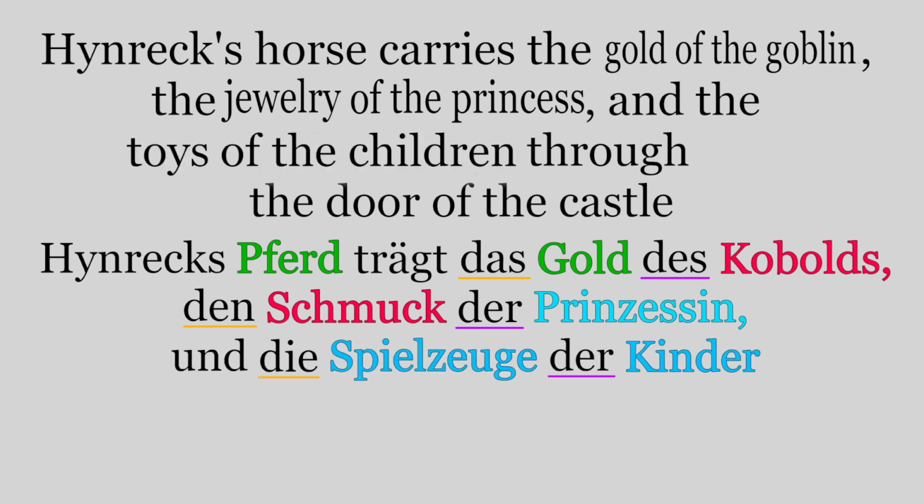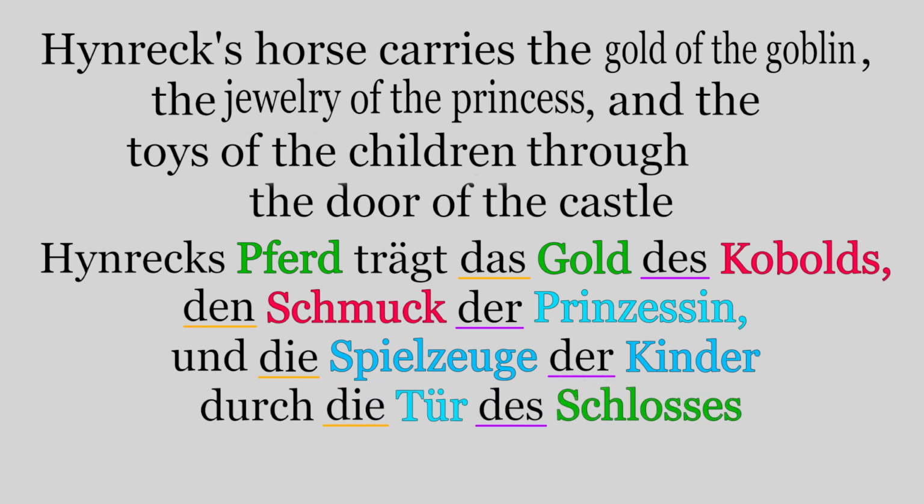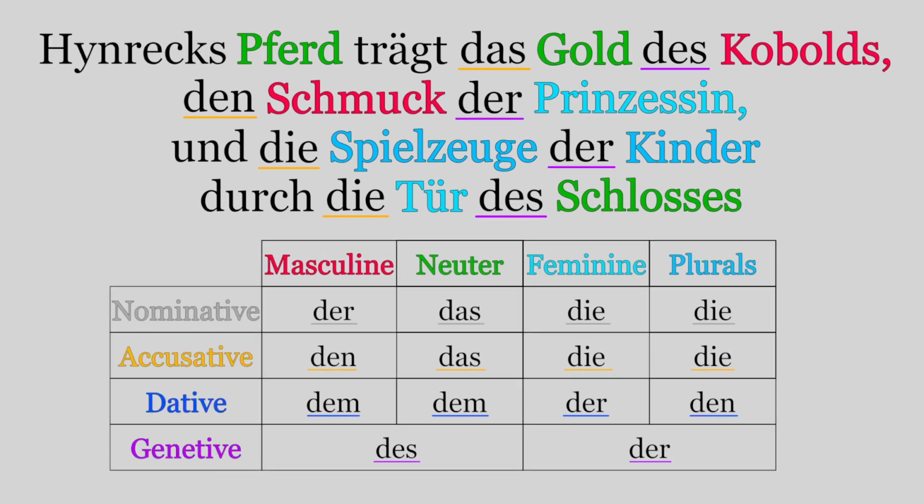Finally, we're going through the door of the castle, and so we add durch die Tür des Schlosses. Notice that all of these carried objects are in the accusative case because the verb tragen is acting on all of them. We end up with Heinrichs Pferd trägt das Gold des Kobolds, den Schmuck der Prinzessin und die Spielzeuge der Kinder durch die Tür des Schlosses.